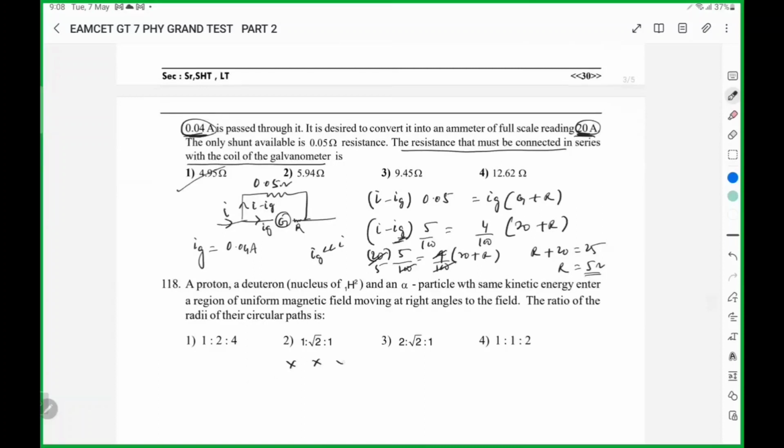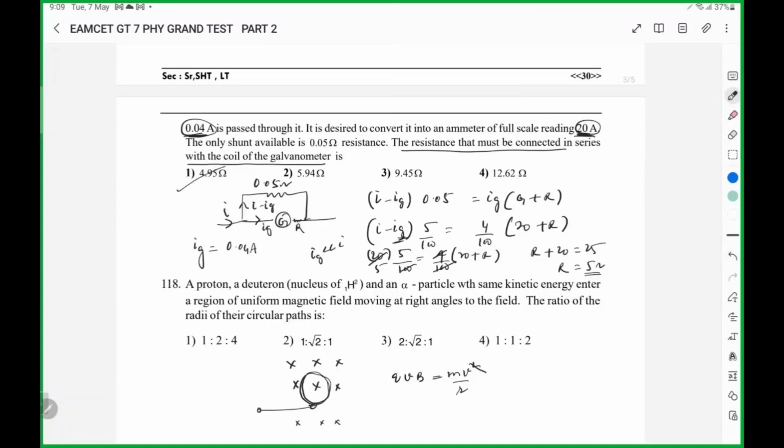Now, a magnetic field. Once a charged particle enters a magnetic field, it takes a circular path. The qvB force acting on the charged particle due to the magnetic field is balanced by the centripetal force.